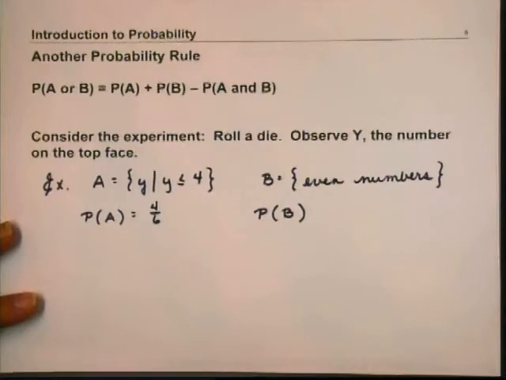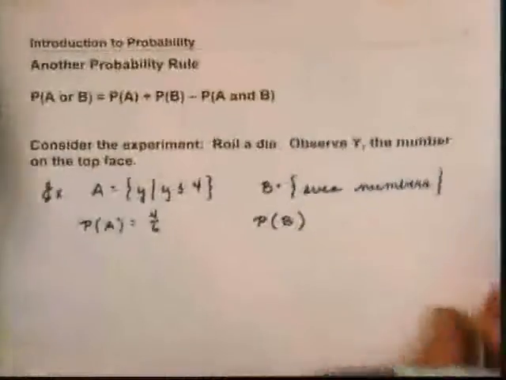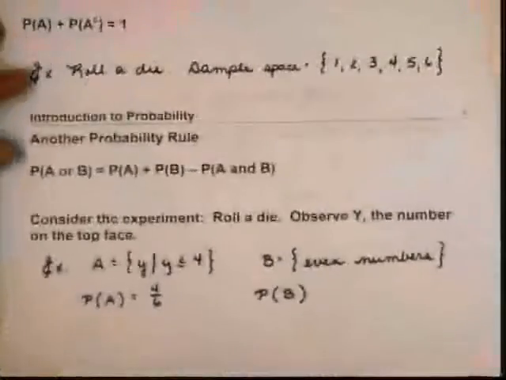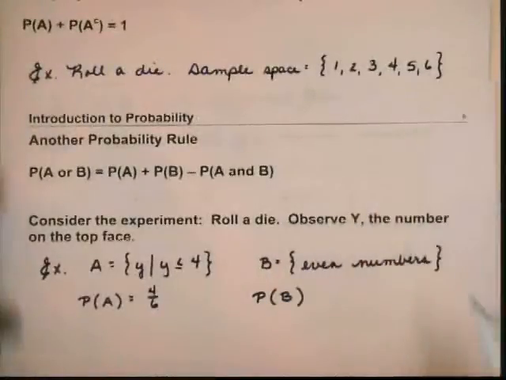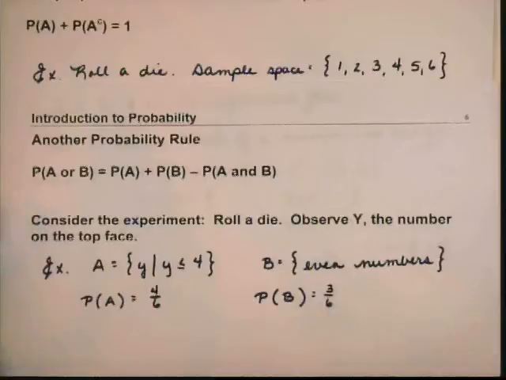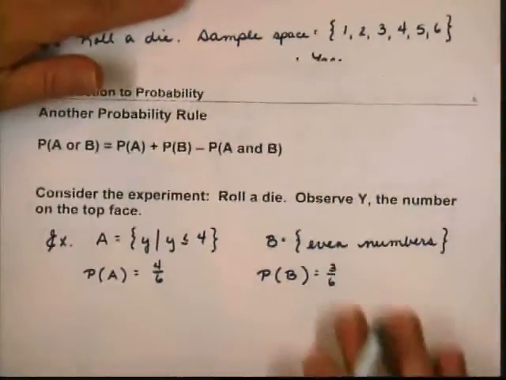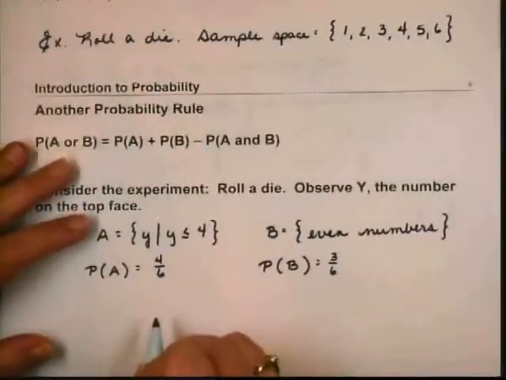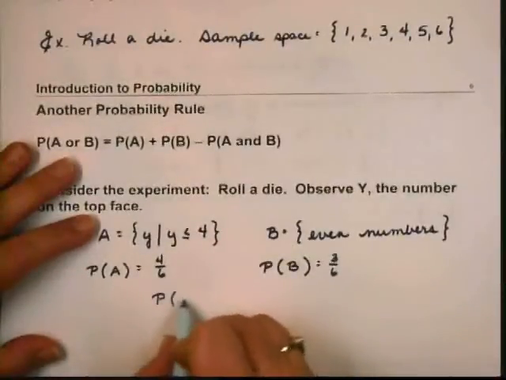An even number out of these, so there's 3 out of 6. Agreed? Now in this very small data set, what's the probability of A and B?